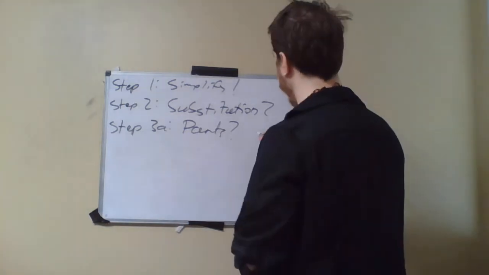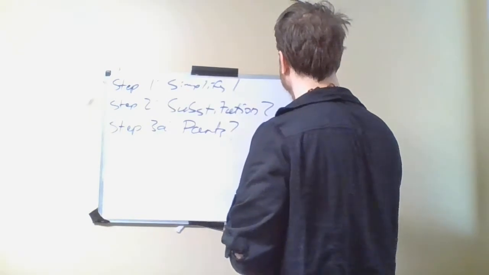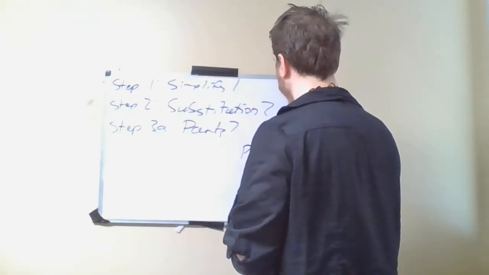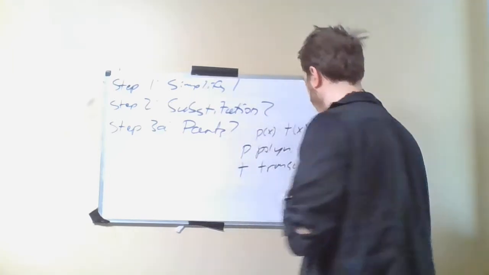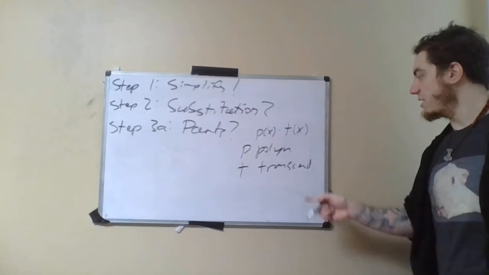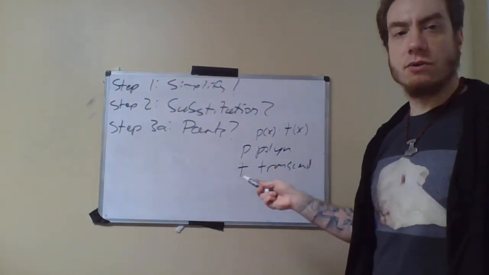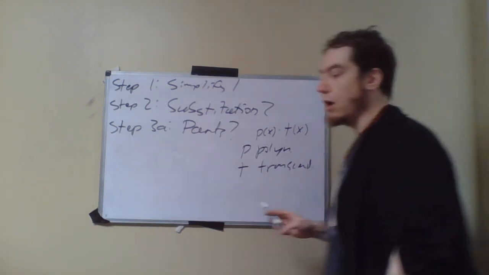So if I have something like p of x times t of x, with p being a polynomial and t a transcendental, which I'm just going to abbreviate here because I don't really have room to finish the word, then this is going to be something where integration by parts is going to work well.